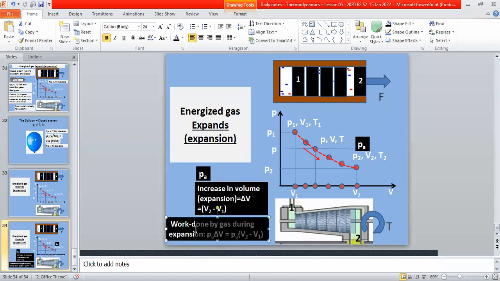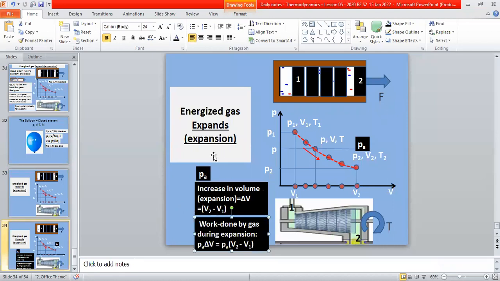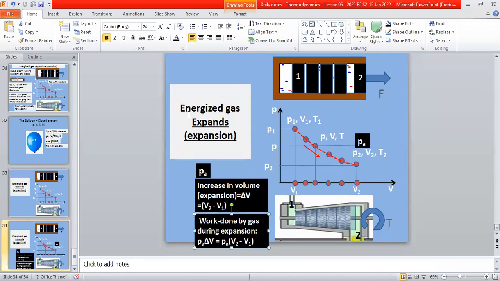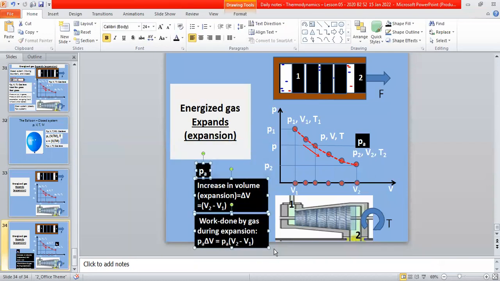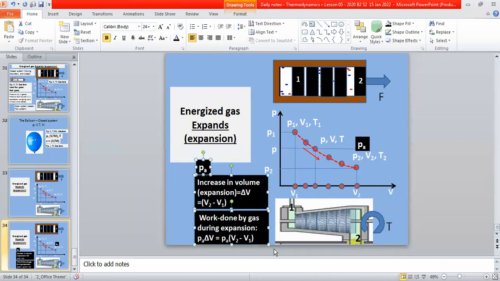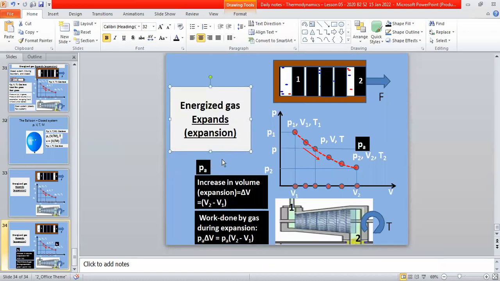This is very interesting. Later I will explain how this average pressure times the expansion, or the volume increase, becomes work done by gas. Of course, you have to have the mechanical device to turn.